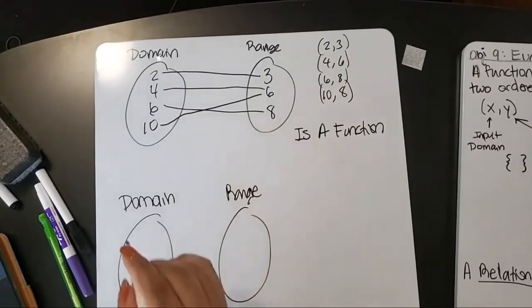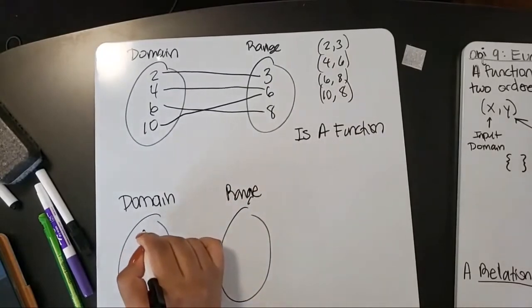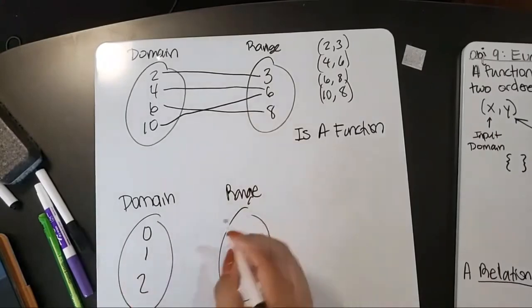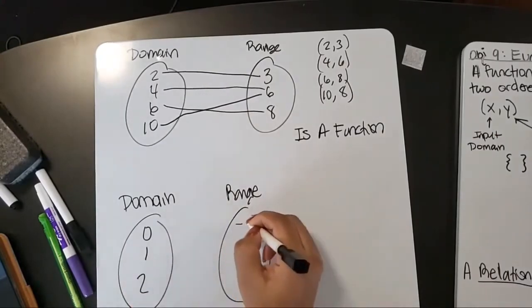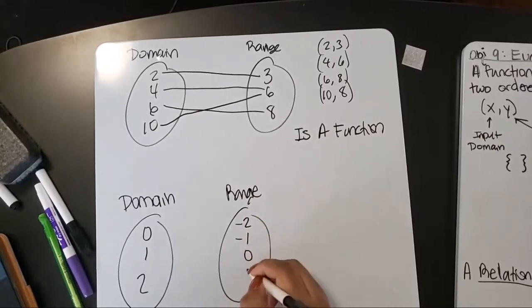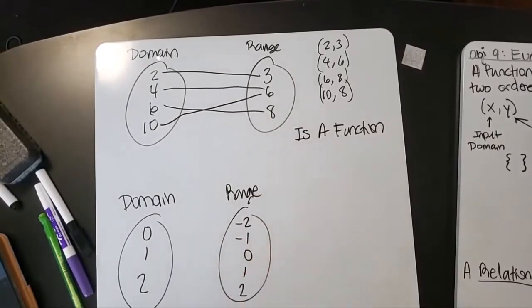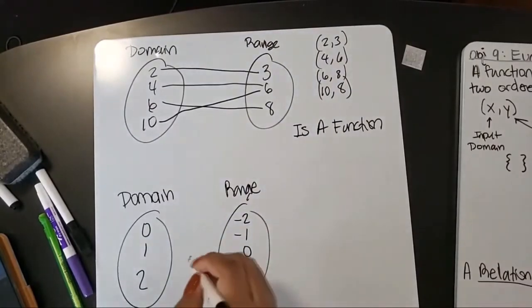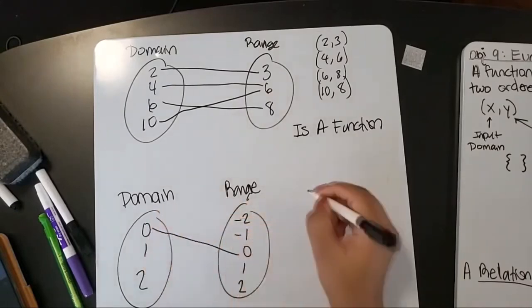All right, in this example, we got 0, 1, and 2 in our domain set. And in our range, we got -2, -1, 0, 1, and 2. All right. So we got 0, 0.